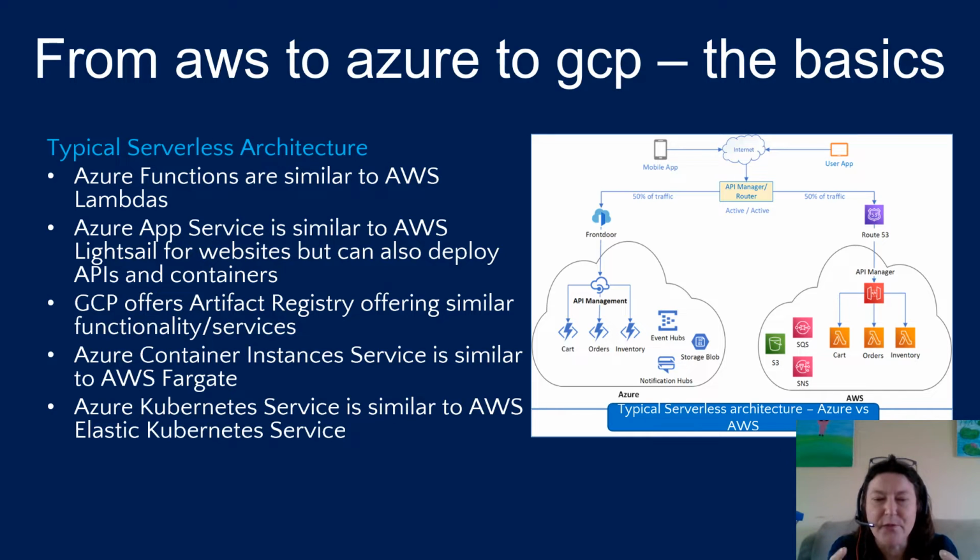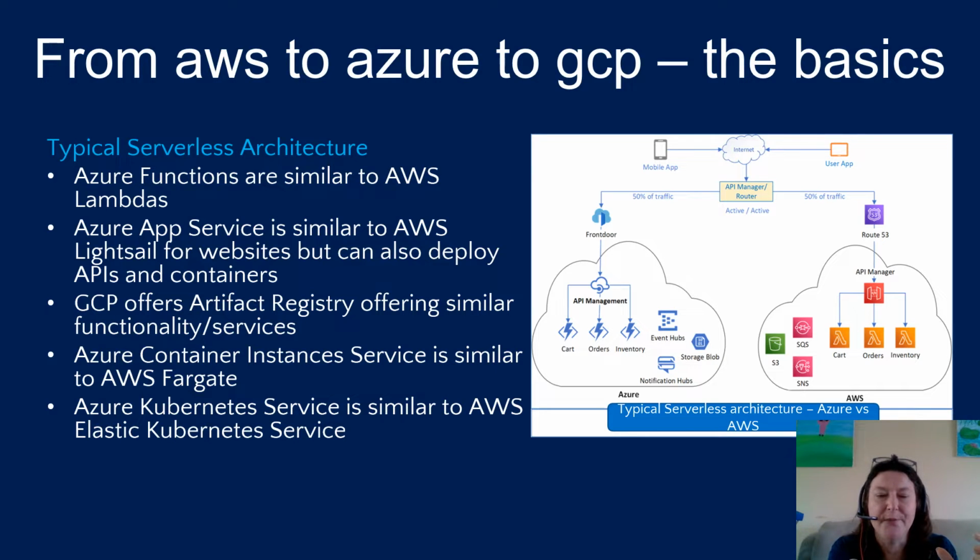And then within that, you may have what we call microservices. So there might be a cart microservice, an orders microservice, and an inventory microservice. Each one of those represents an API endpoint, and you can have a get, a put, a post, a delete to each one of those. So there'd be the cart microservice.